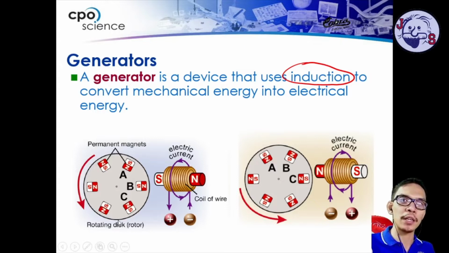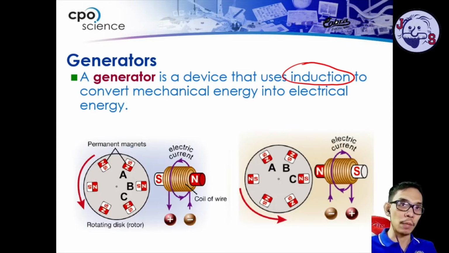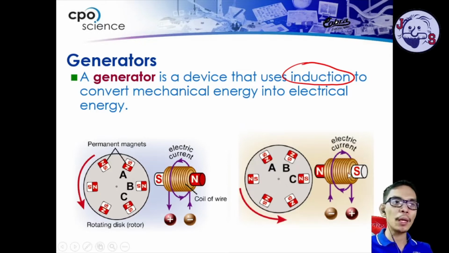As long as there is a changing magnetic field, in this case from your rotor, it induces electric current in your coil of wire. So voltage, then electric current. As long as this rotor continues to spin, the current is continuously produced. As the rotor stops, the current production also stops.